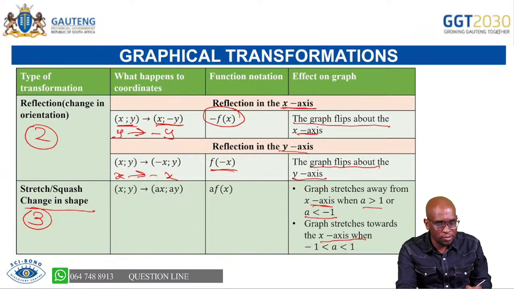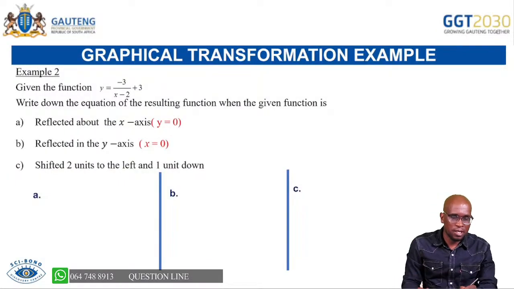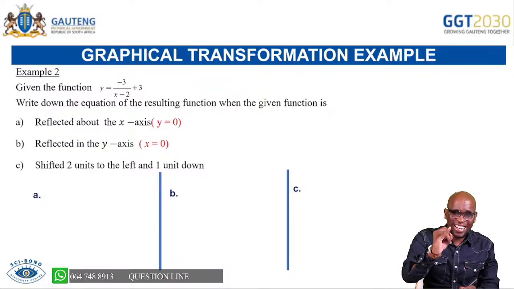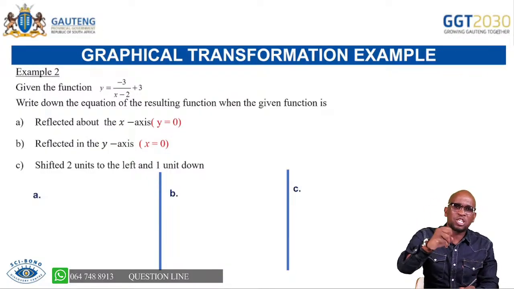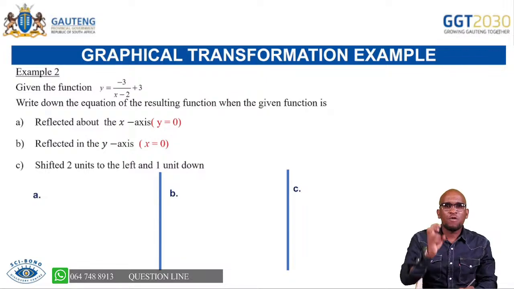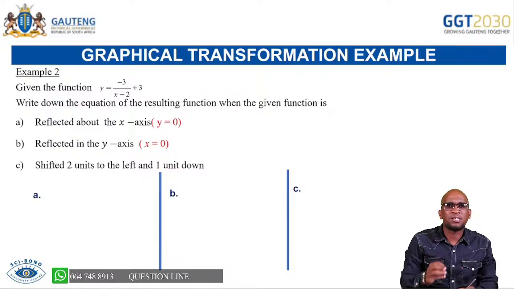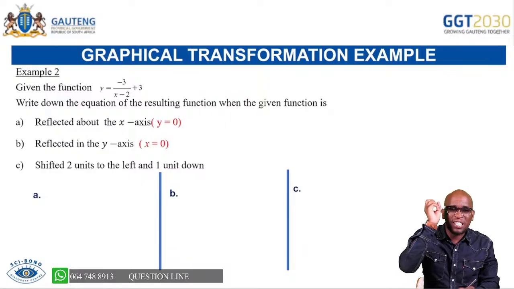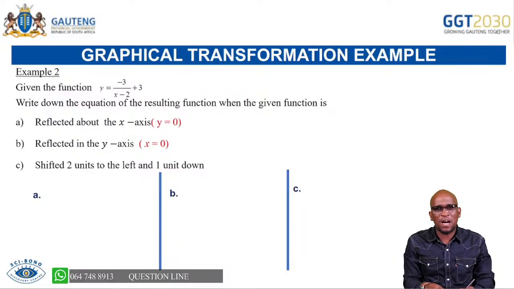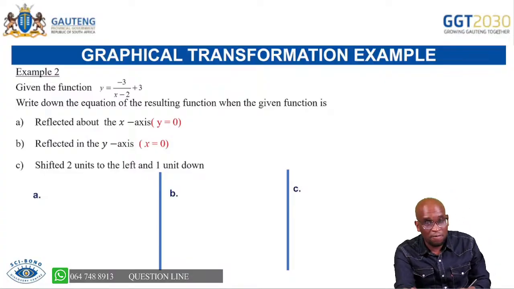And then let's look at the example now. We've spoken about reflection, translation, horizontal translation, vertical translation, reflection in the x-axis and in the y-axis, and the squashing or stretching of the function when you have a factor of a.